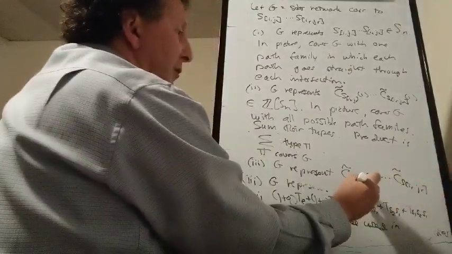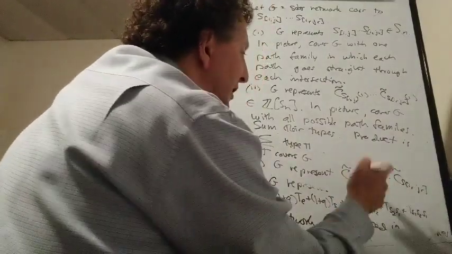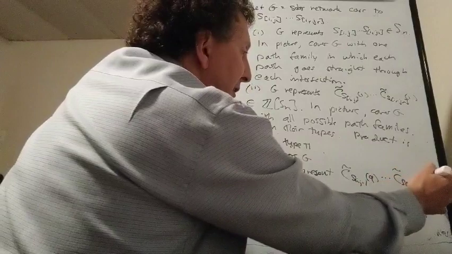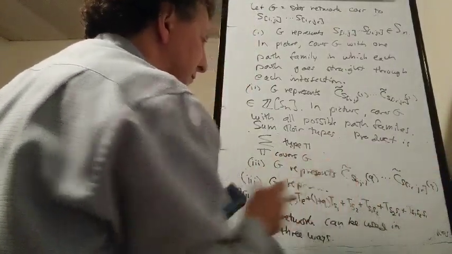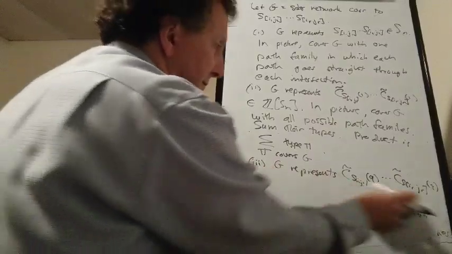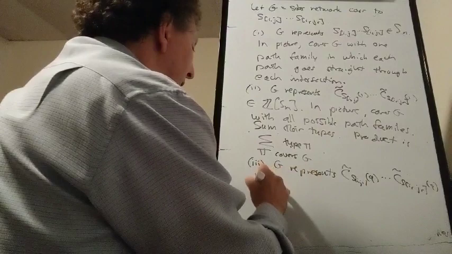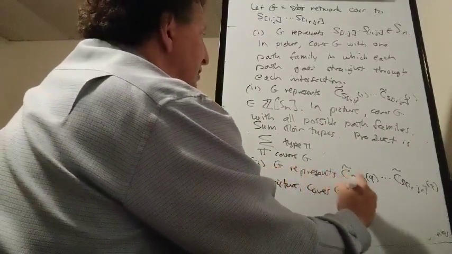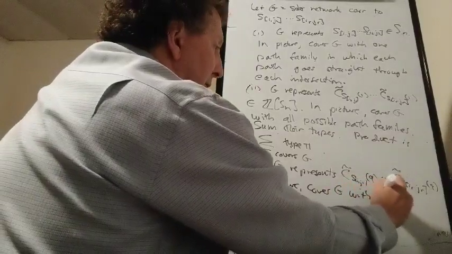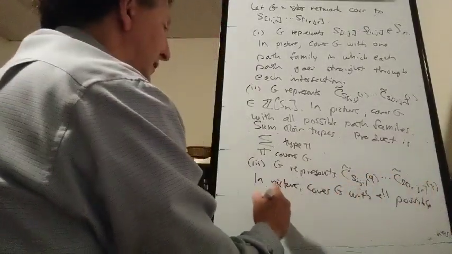So the intervals are I1J1 through IRJR. Again, in the picture, we cover G with all possible path families.